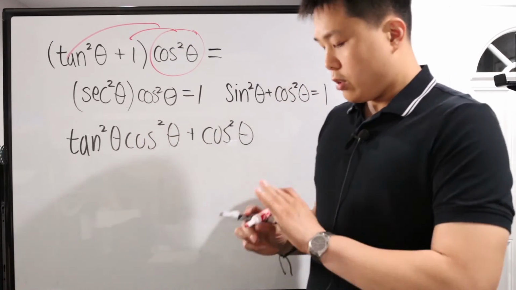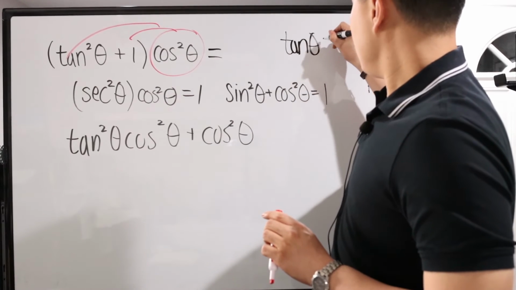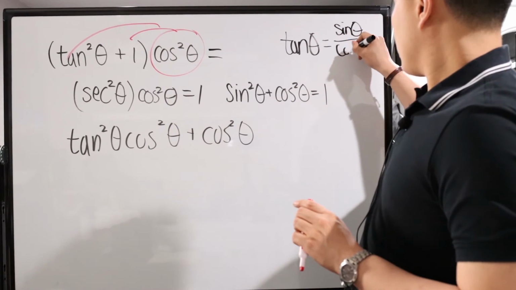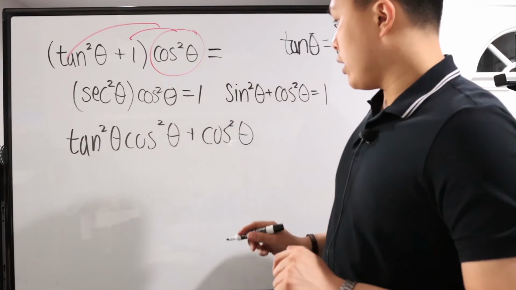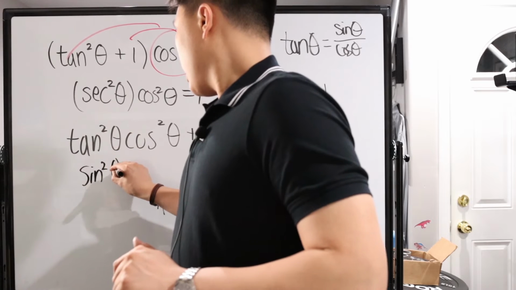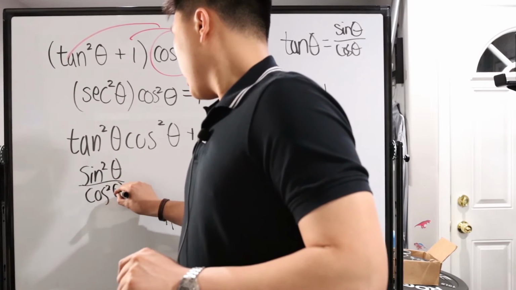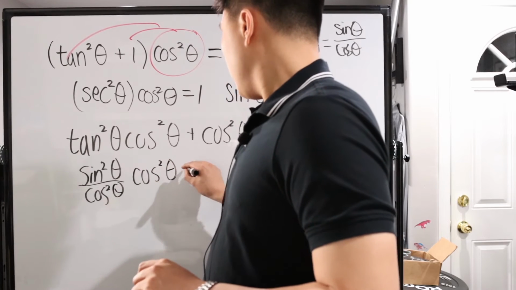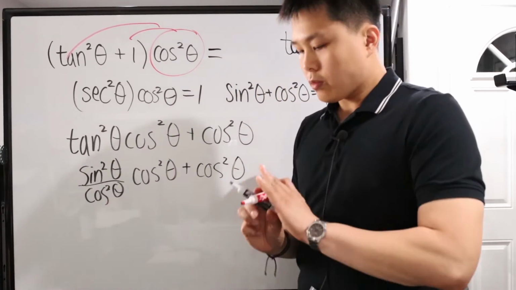Now, hopefully you guys remember this, the tangent definition is just sine theta over cosine theta. So in this case, tangent squared theta is just sine squared theta over cosine squared theta, and we have times cosine squared theta plus cosine squared theta.